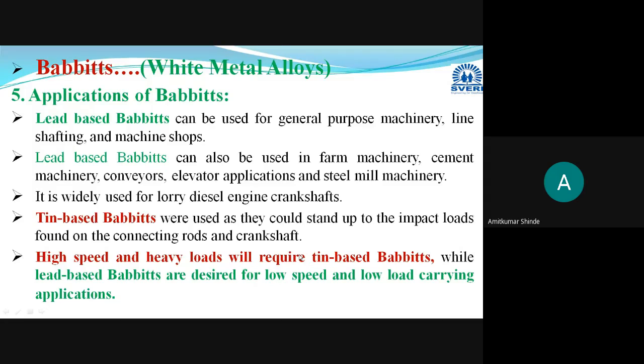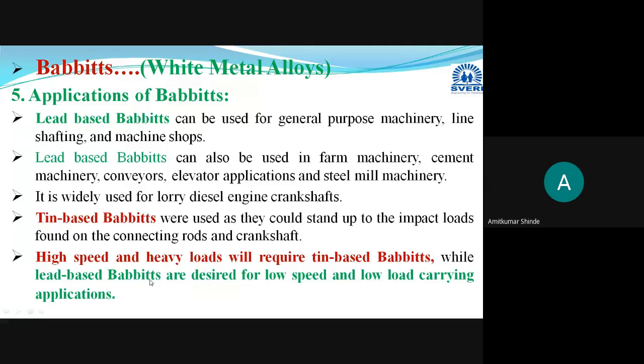These bearings will be tin based babbits. In short, you have to remember: whenever high load and high speed is there, tin based babbits are used. And whenever that bearing or part is subjected to low load with low speed, those bearings are manufactured with the help of lead based babbits.